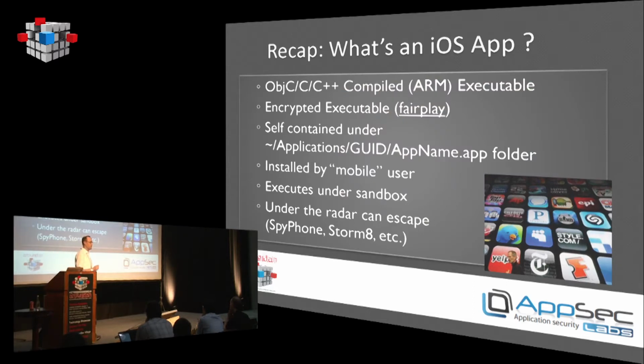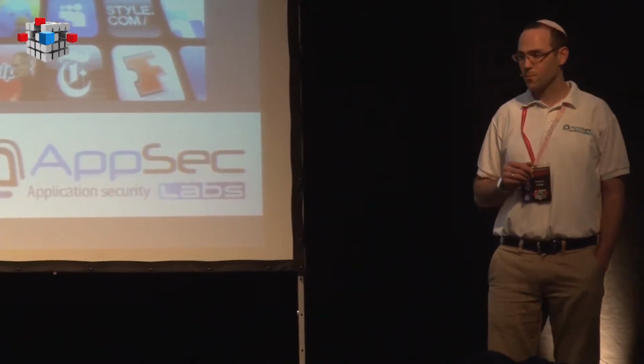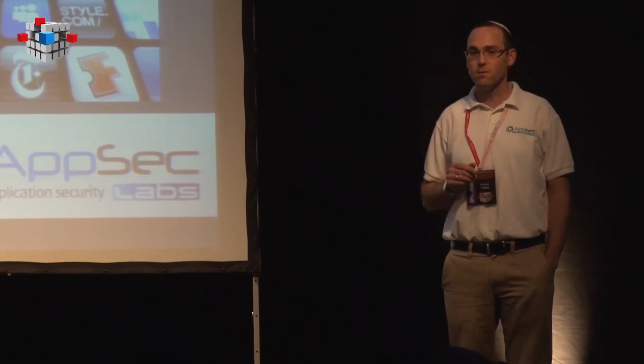A bit about iOS apps and their vulnerabilities. What is an iOS application? It is the end product of a predefined Objective-C or C++ source code, compiled to a specific ARM binary format in ARM assembly.